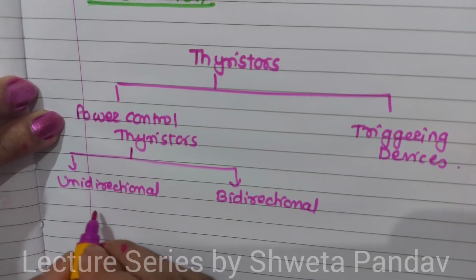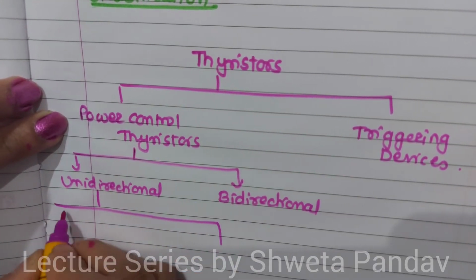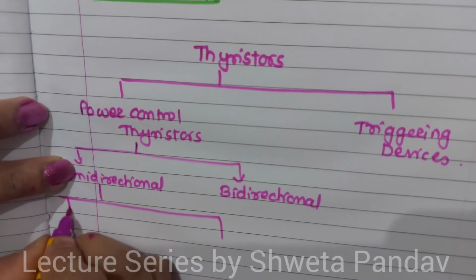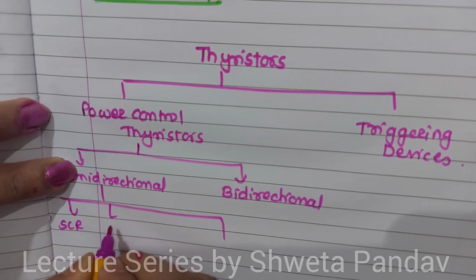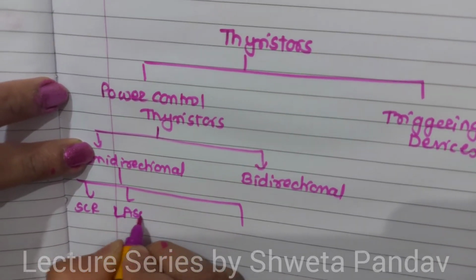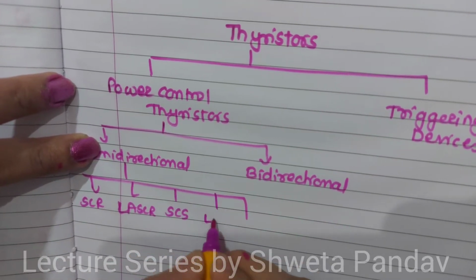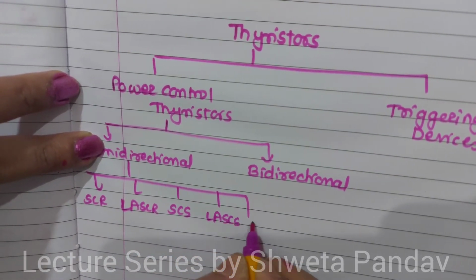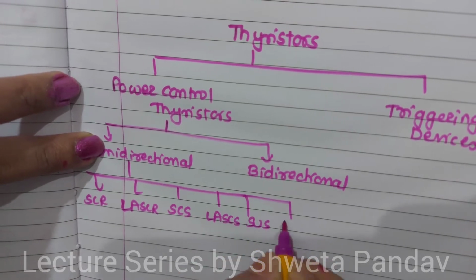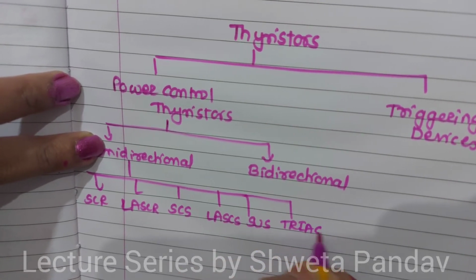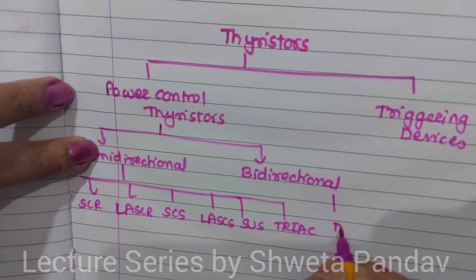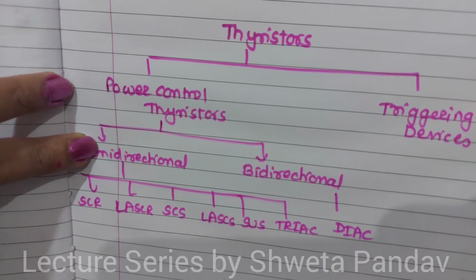The unidirectional devices have many types: SCR, LASCR, SCS, LASCS, SUS and TRIAC. The bidirectional is DIAC.